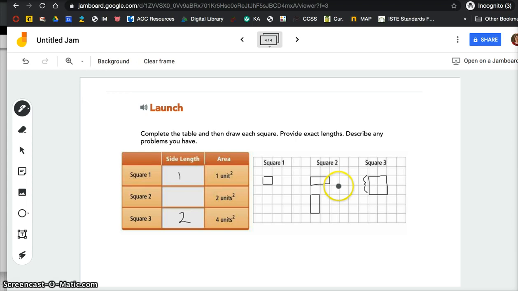It's going to be bigger than 1 but smaller than 4, so maybe it would be like this. But we can't tell exactly how many squares that is. It says describe any problems we have. Well, square 2 is a problem because we can't find exactly the side length when the area is 2 units.